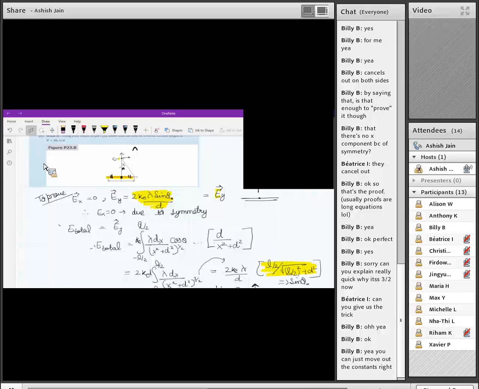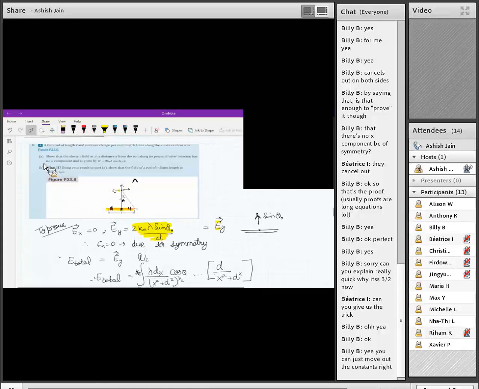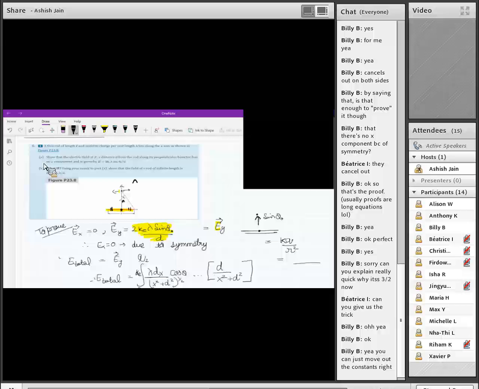Did you get how I knew beforehand? Yes, it is given in the question to prove as well, but I knew because this is symmetrically placed around the origin. That means I can consider it as one unit, and because of the symmetry there's only the E_y component. So by Coulomb's law, this is kq by r square, and r is given as d square, and k I can write as lambda d, d and d cancel, and there should be a sine theta naught component.